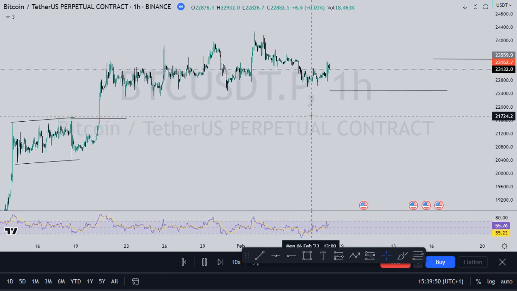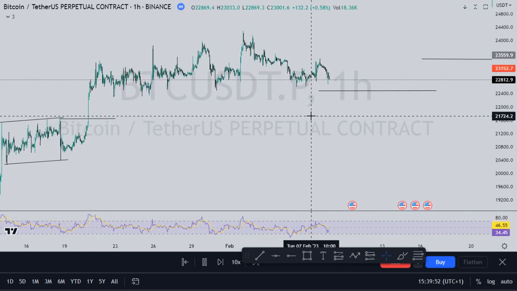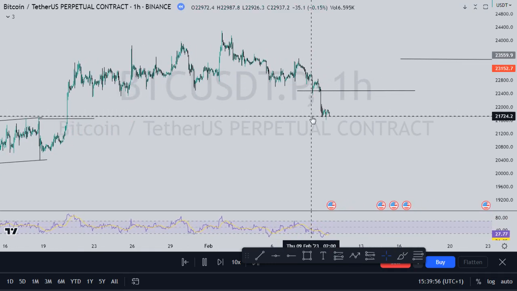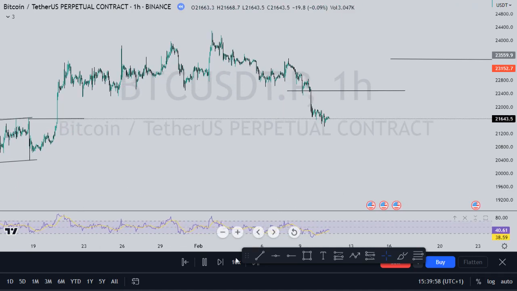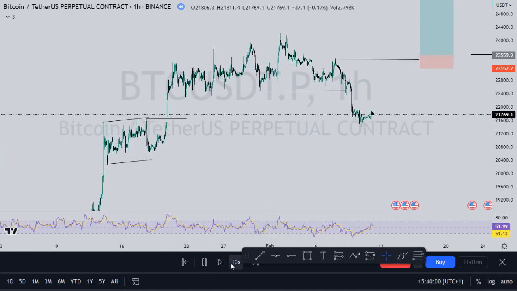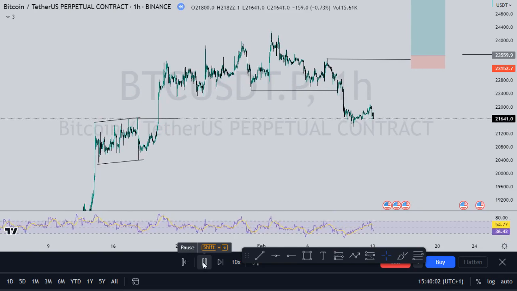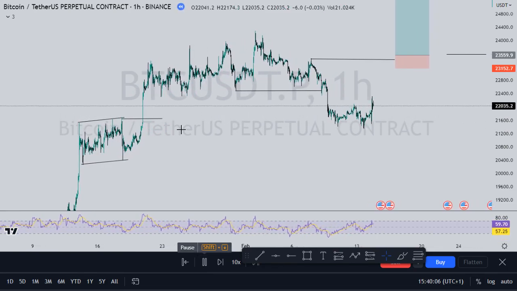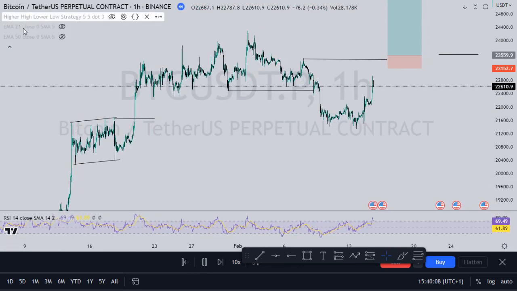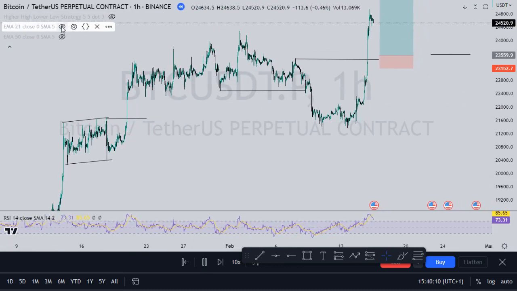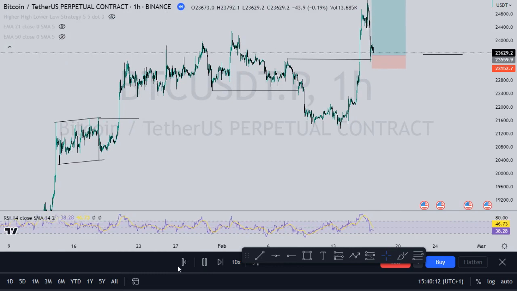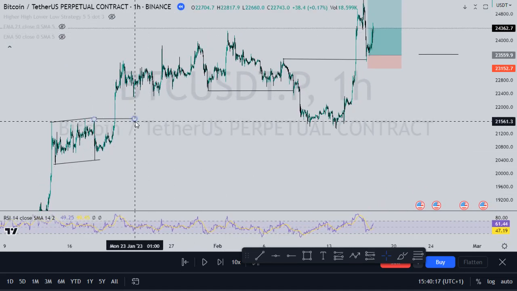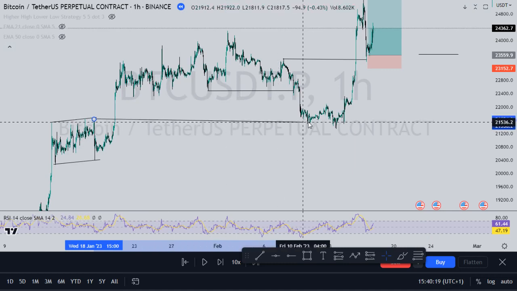For example, if you are using a 21-day moving average, it means that it is calculating the price over the past 21 days, right? So all you need to do is search for your moving average tool from here. I already have my moving average tool right here. As you can see, price respected this swing high right here up to this place.